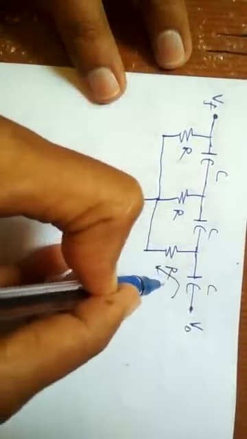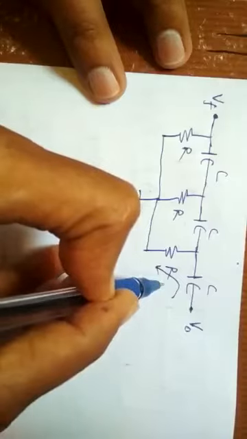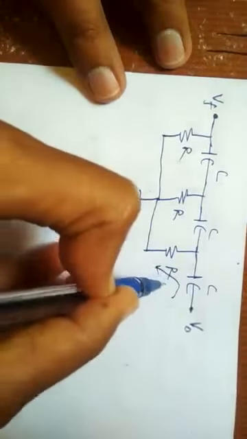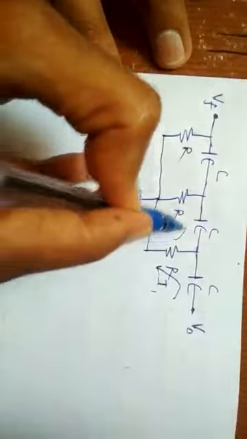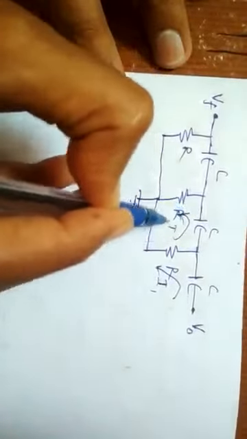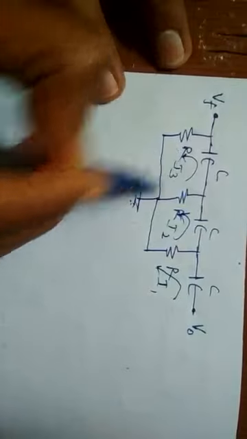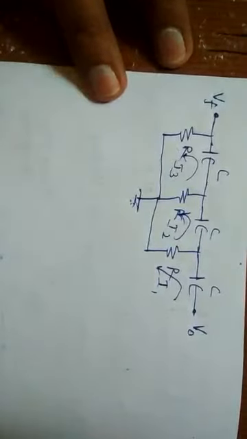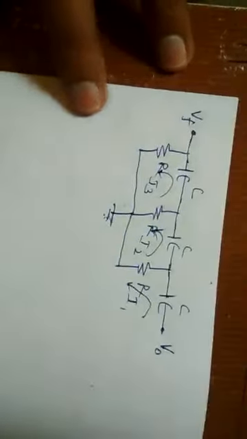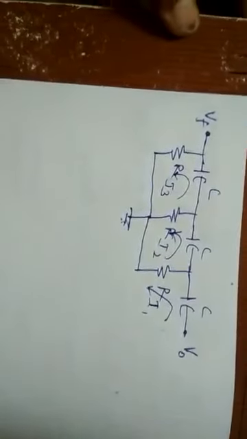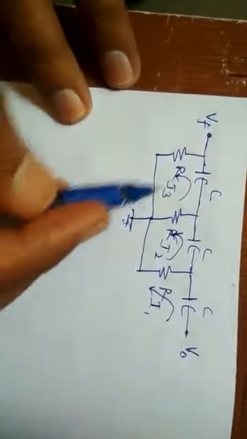In the first area shared by the first RC pair the current is I1, and similarly in the second one it is I2, and in the third one it is I3. Here we have to consider one thing.